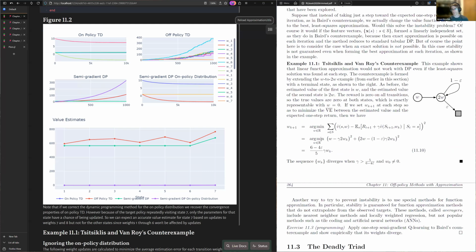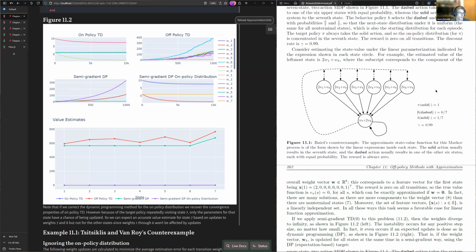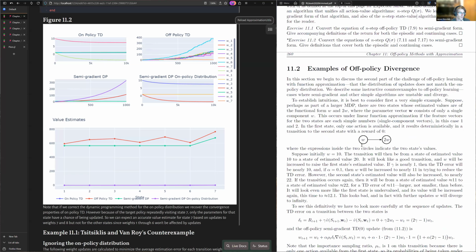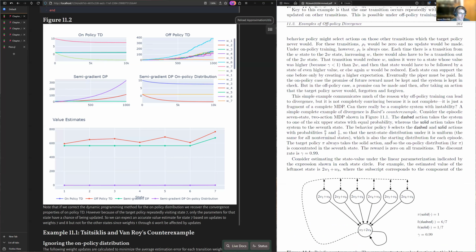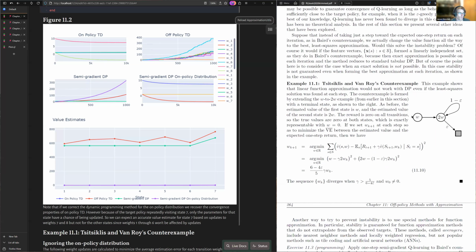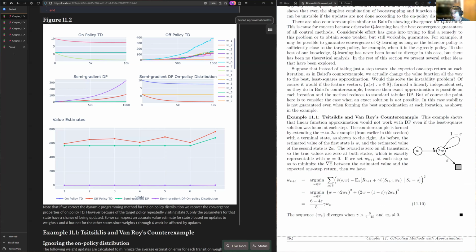Okay. So this example looks very similar to the situation we showed. In fact, it extends this example and just makes it a complete problem. So we have two states plus a terminal state in this problem.